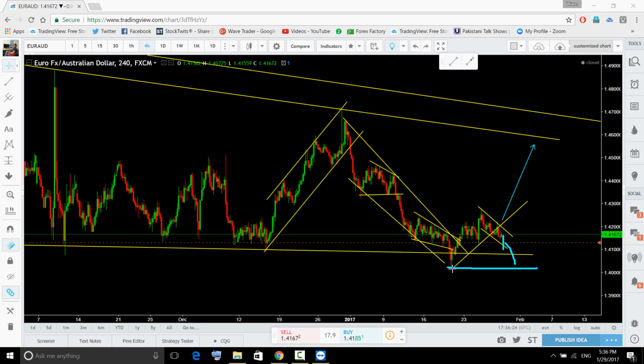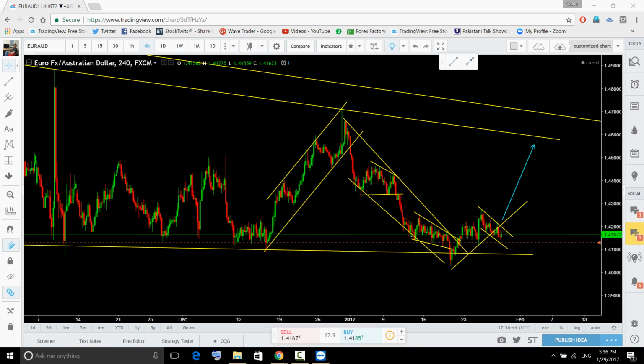Okay, the breakout was a corrective, it wasn't aggressive. This move breakout was a corrective. Yeah, corrective. So try to buy as low as we can.